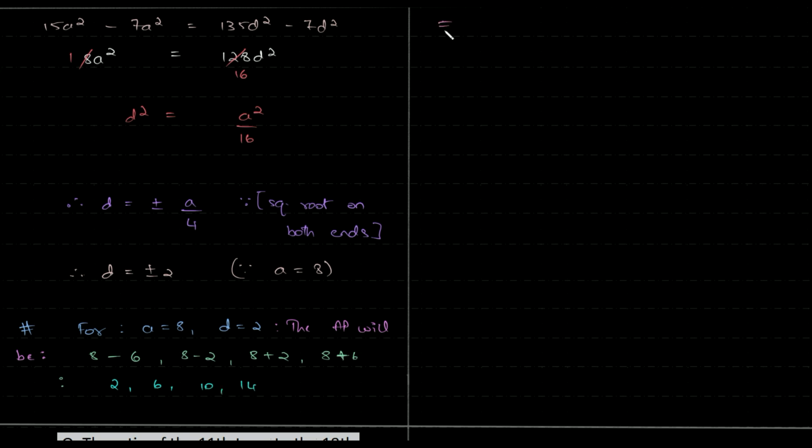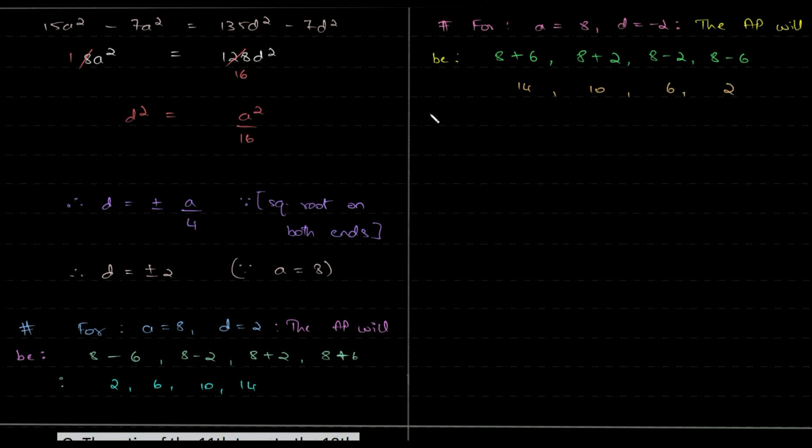Then for a equal to 8 and d equal to minus 2, what will happen? The AP will be, see, d becomes minus, so this will be plus, this also will be plus, while this will be minus and this will be minus. The sequence reverses. So we have 14, 10, 6 and 2.